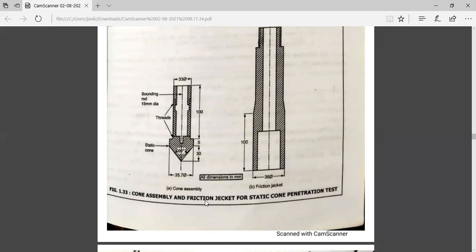There is one steel tube meant for guiding the sounding rod, which passes through it. Here our rod is 15 mm diameter.